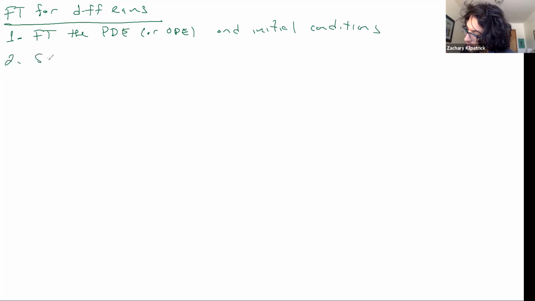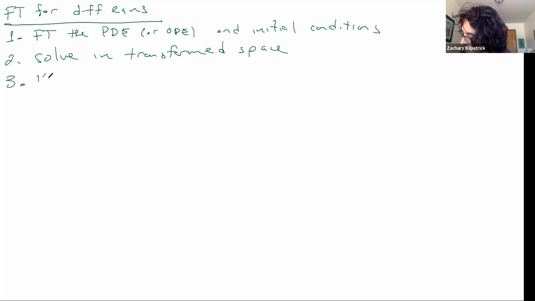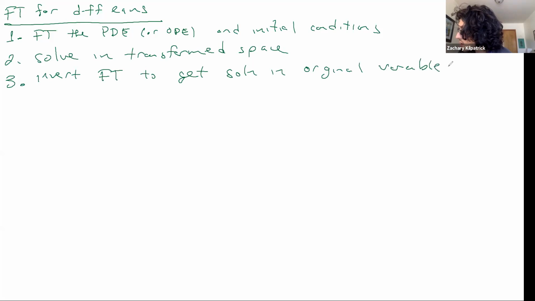Then you solve in the transformed space. And then lastly, invert the Fourier transform to get a solution in original variables.